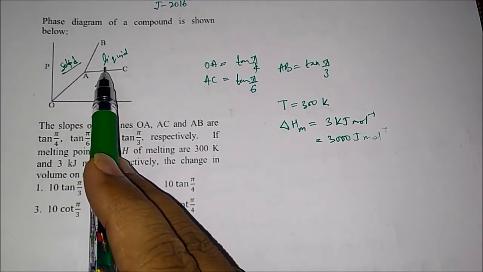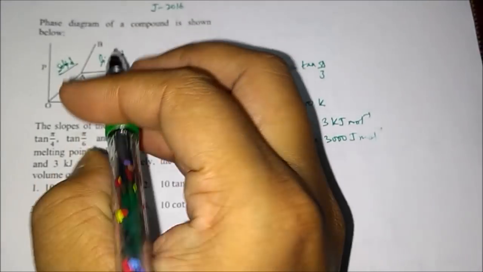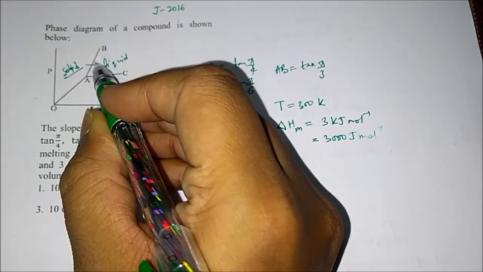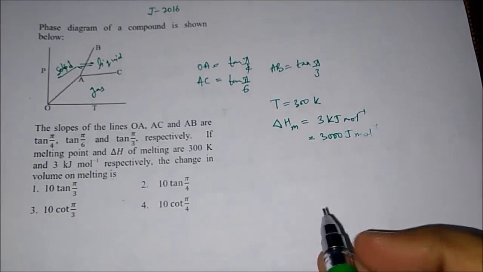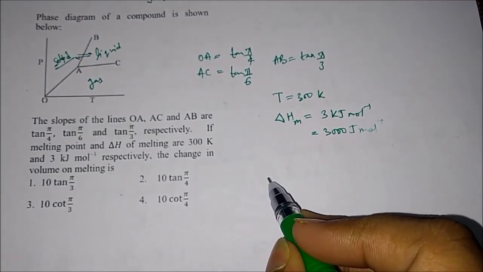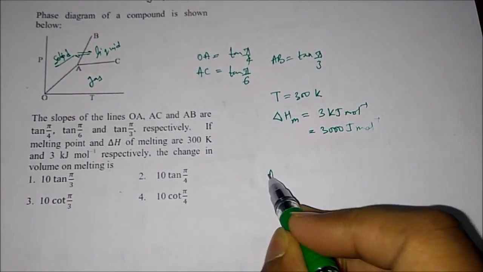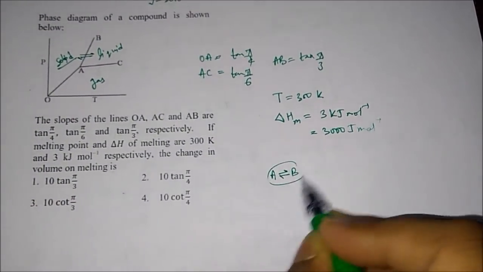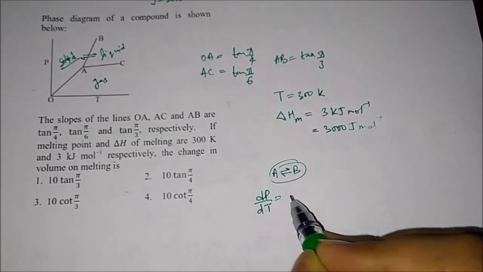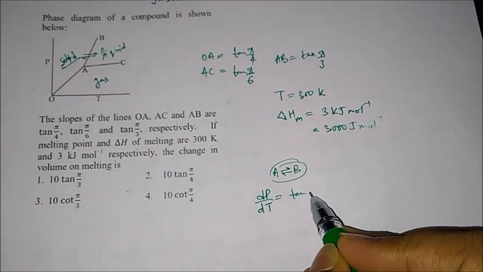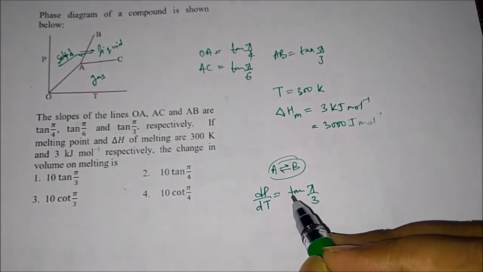Melting means from solid to liquid, so your system is crossing this line. This is in equilibrium, so you just have to deal with the slope of this line, the AB line. So dP by dT, or the slope, is given as tan pi by 3 for that line.